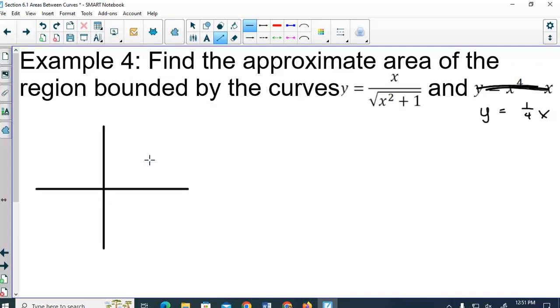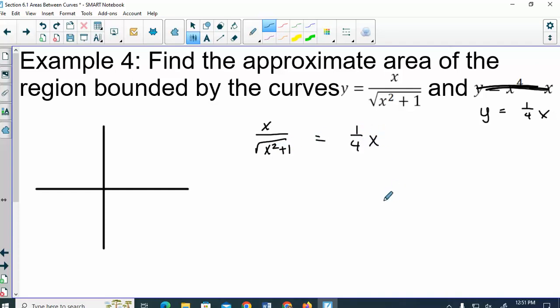Alright, so to figure out the intersection points, we're going to set those curves equal to one another. What would you do?